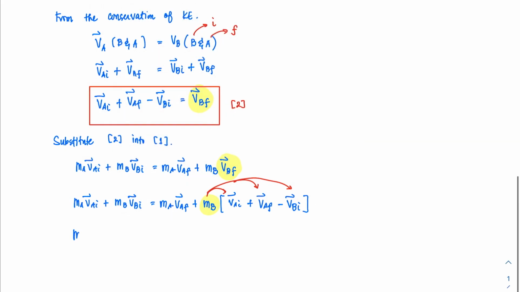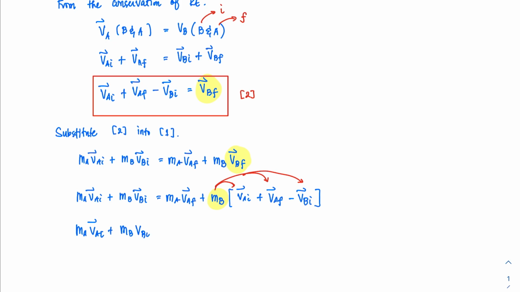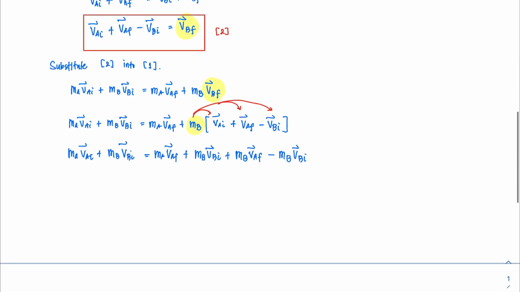What will happen to our equation is we have MA VAI plus mass of B VBI is equal to MA VAF plus MB VAI plus MB VAF, and then that will be minus MB VBI.